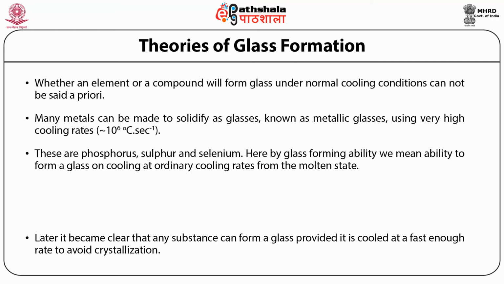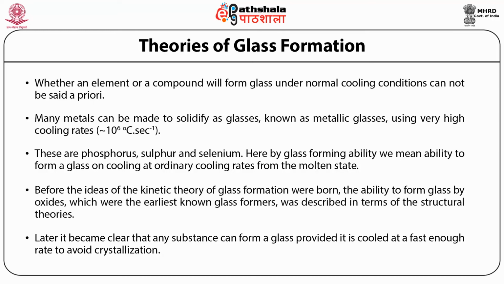Before the ideas of the kinetic theory of glass formation were born, the ability to form glass by oxides, which were the earliest known glass formers, was described in terms of structural theories. These theories are important in themselves as they have formed the basis for understanding the glass structure.